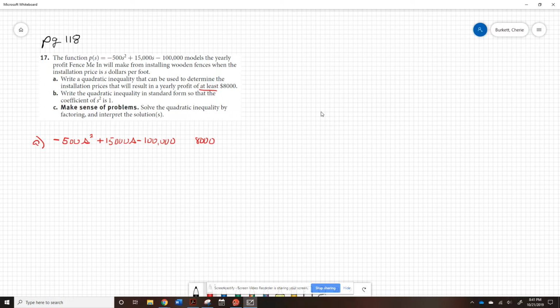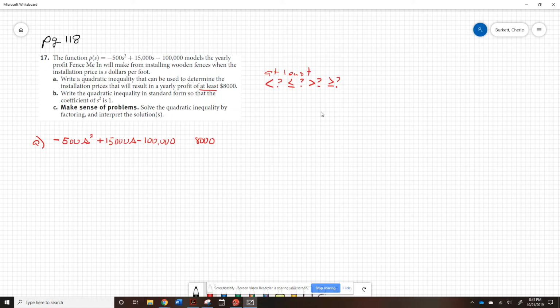We want this right here to be at least 8,000. So what I've got to figure out here is what symbol goes here. Does at least mean less than or equal to, greater than, or greater than or equal to?